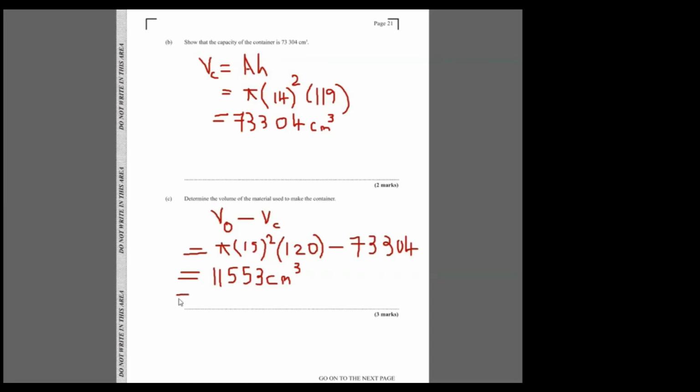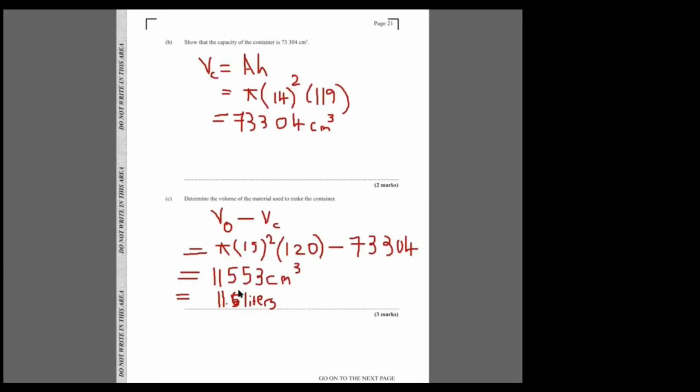If you want, you could write this in liters. 1,000 cm cubed is equal to 1 liter. So 11553 divided by 1,000 is 11.5 liters, just to make your answer look more presentable. Or you can say 11.6 liters. Nice and easy.